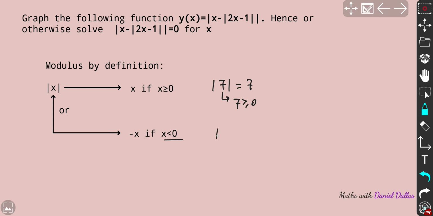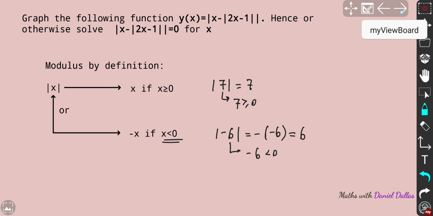For example, if we have negative 6 and we take the absolute value, we need to get the positive value. Negative 6 is definitely less than 0, so we have this condition, and we simply need to put a minus before the expression. But the expression is negative 6, so we put an extra minus before, and finally we get 6. So in the end, we still have positive values. That's how modulus works.